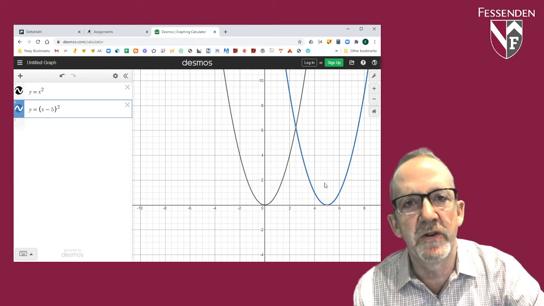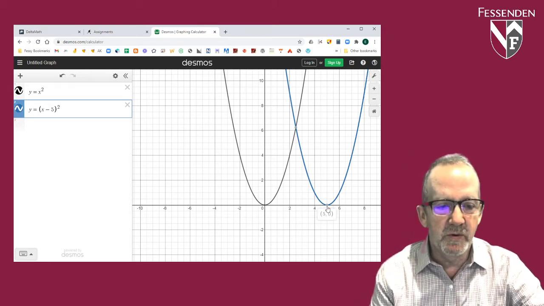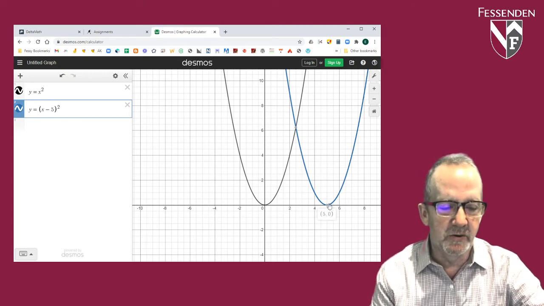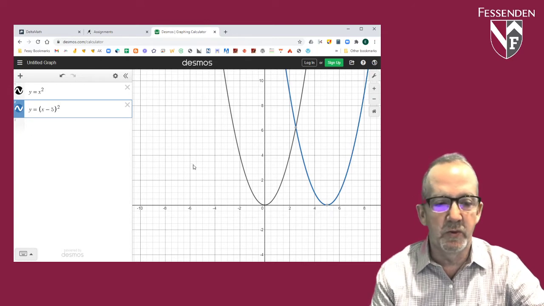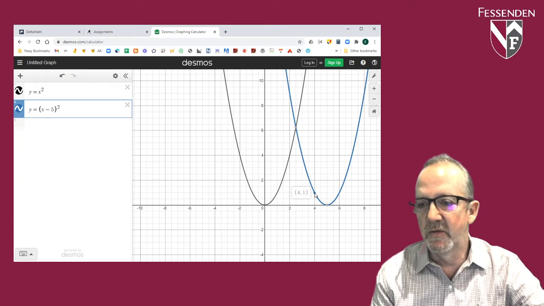And a little more careful analysis will show you why. If you plug in a 5, what does it do? Well, 5 minus 5 gives us the 0 we're looking for. If you plug in a 6, 6 minus 5 gives us the 1. And there's the over 1 up 1. That's 6, 1. And 4 would give us negative 1.